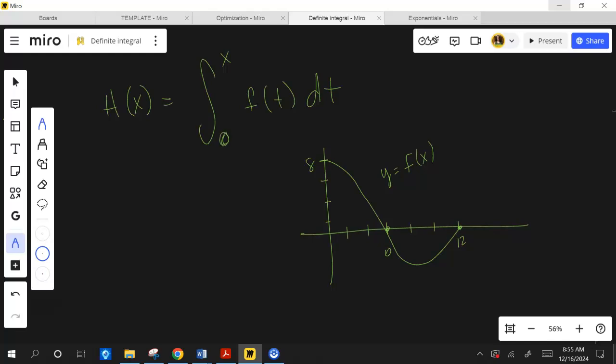This is 0. This is a 6. Besides the graph of f of x, what in terms of h am I looking at here? It's the integral of f, but what does that mean in terms of h? Look at what they gave me here.